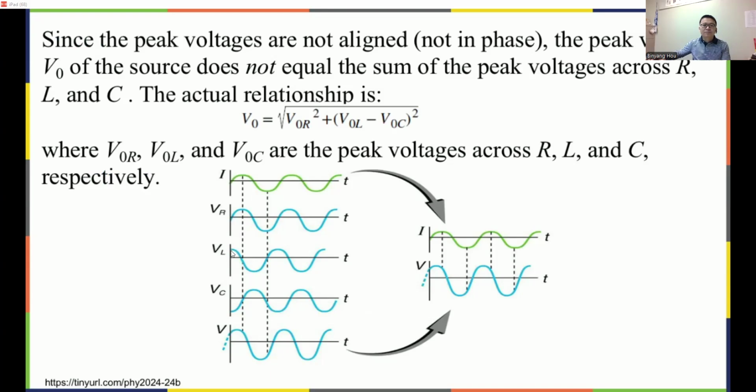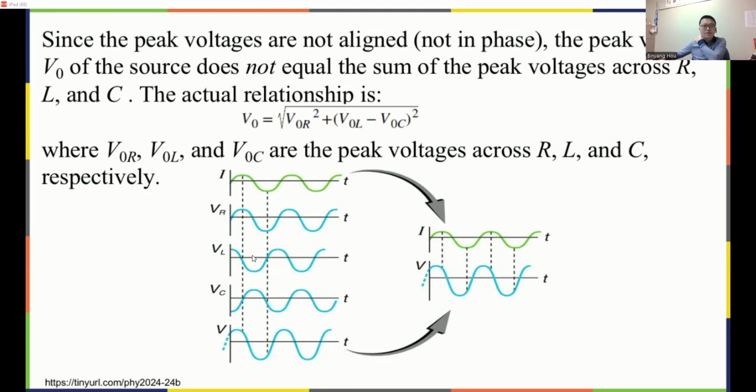So the sinusoidal function of the voltage on the inductor looks a little bit different from the resistor. It's leading the current of the circuit. For the capacitor, the current actually leads the voltage. So the voltage will peak later compared to the peak time of the current.